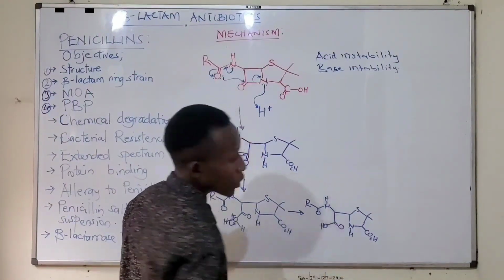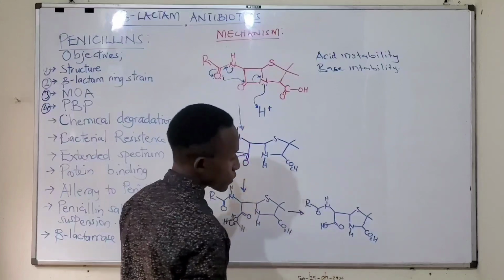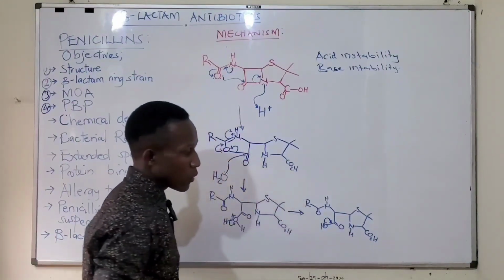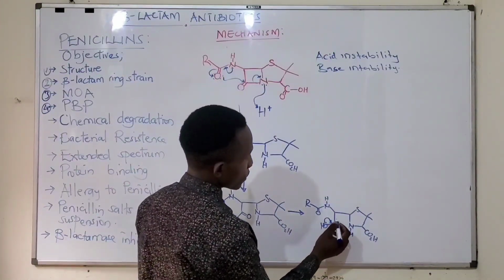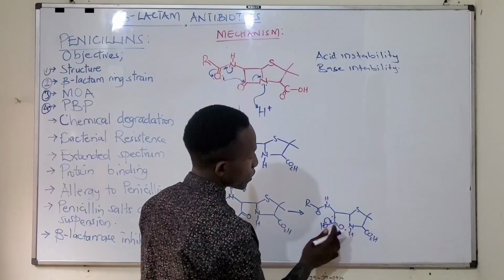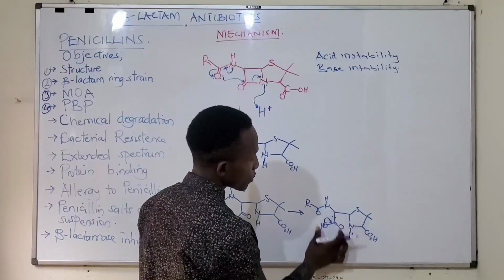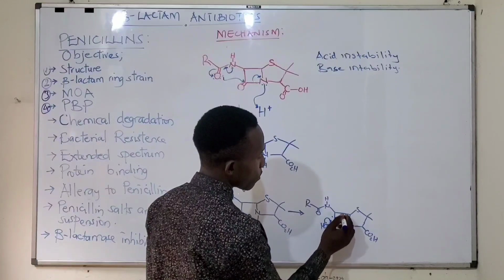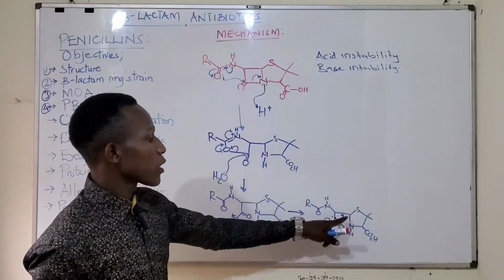Now we shall do decarboxylation. This oxygen will form a bond. When it forms a bond, this carbon will have excess bonds, so the carboxyl group will break off, meaning that the bond electrons are given to these two carbons.